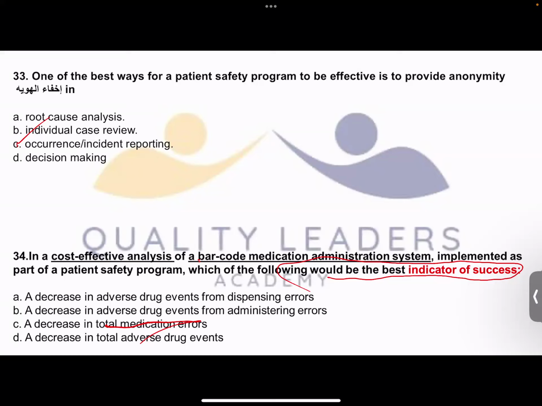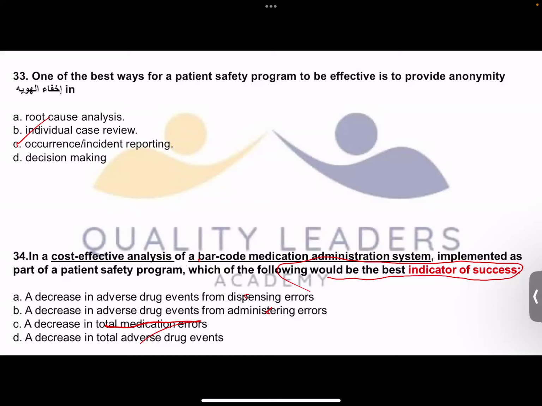When you read this in the exam, do not focus on one of the elements of the system, like the dispensing errors, because it is about all the process of the medication administration.